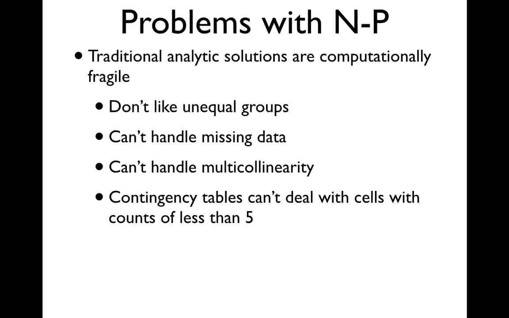Really, contingency tables come up when you have counts that fall into different buckets of outcomes and you're just counting how many people fall in each bucket. If a bucket doesn't have more than 5 people in it, you actually can't include that bucket. The contingency tables don't work for that scenario.